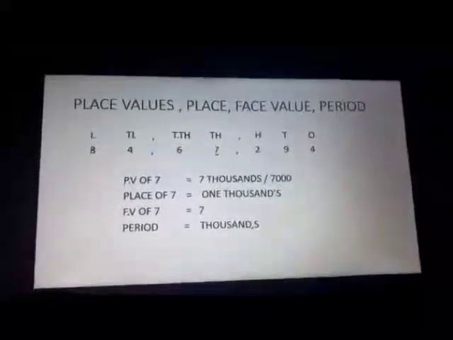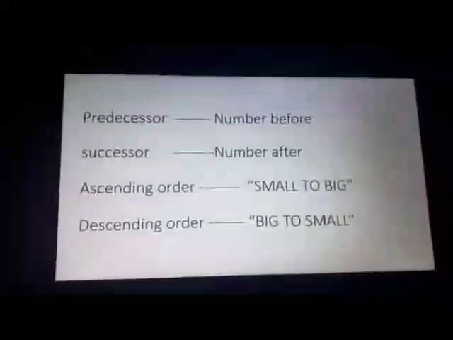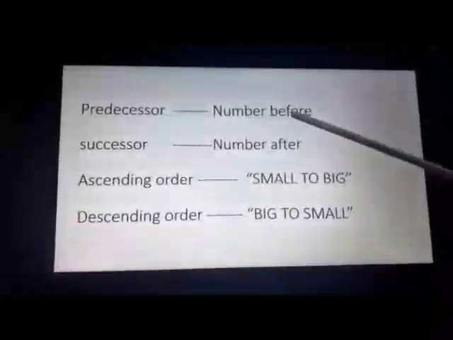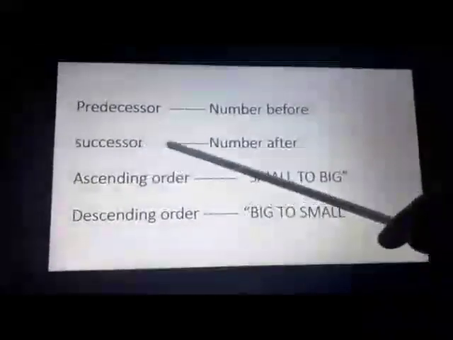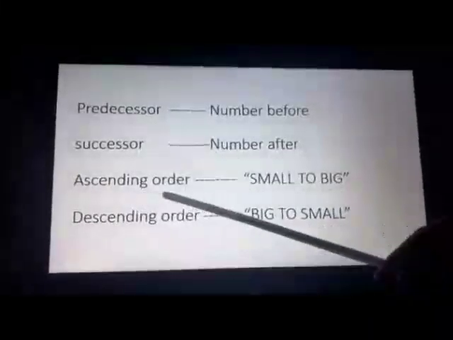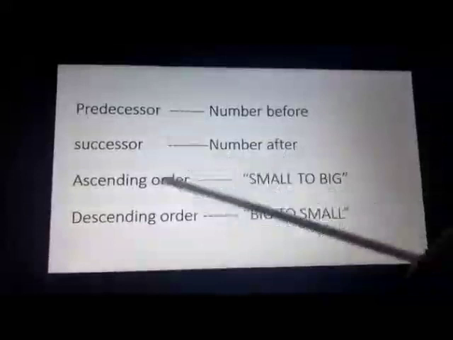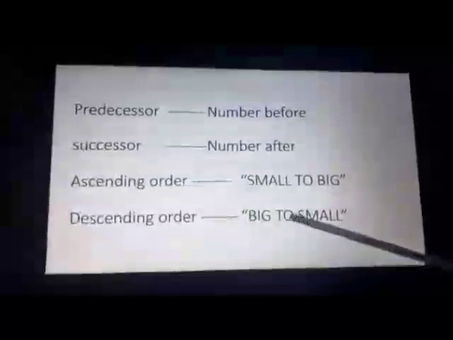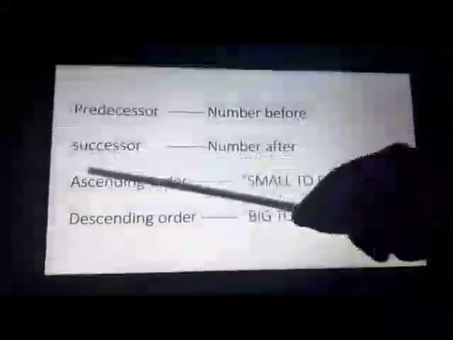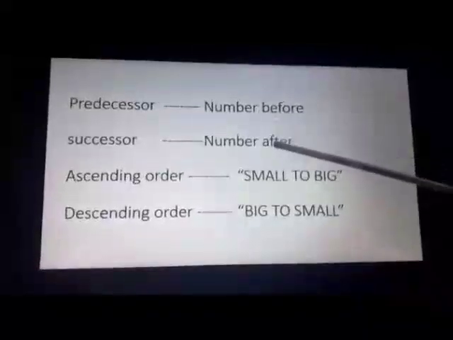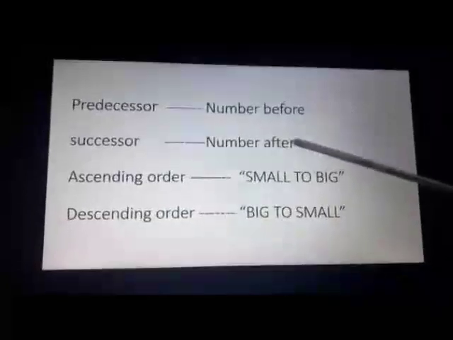Let us see the next slide. Now, predecessor means the number before. Successor means the number after. Ascending means small to big and descending means big to small. We are going to use these terminologies now, predecessor and successor, and no longer say what comes after or what comes before.